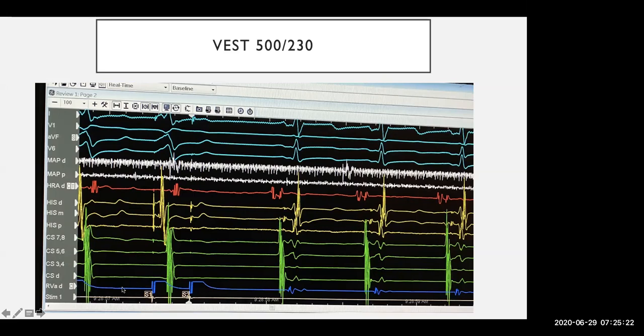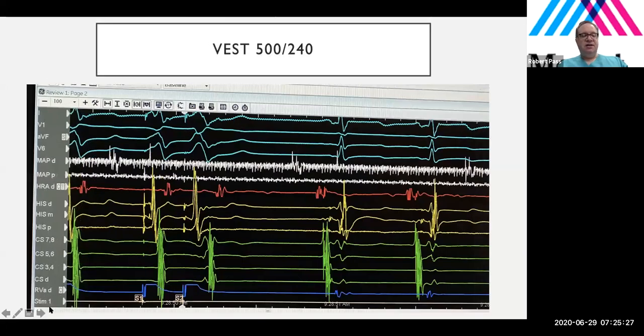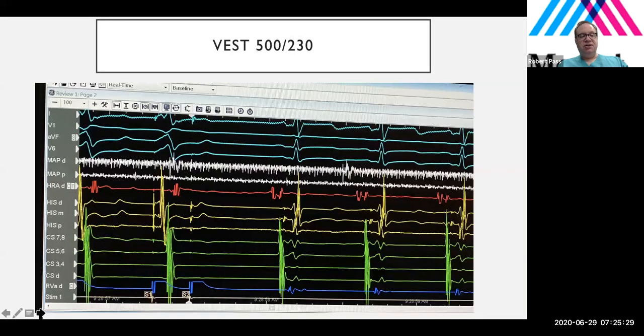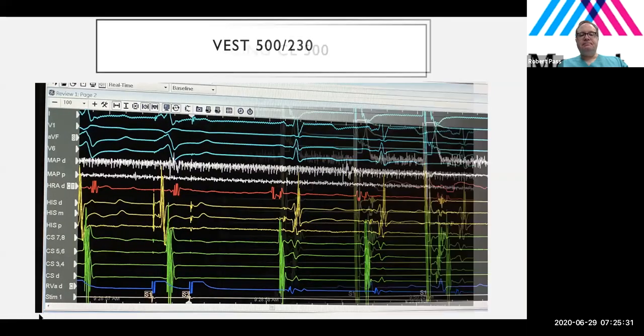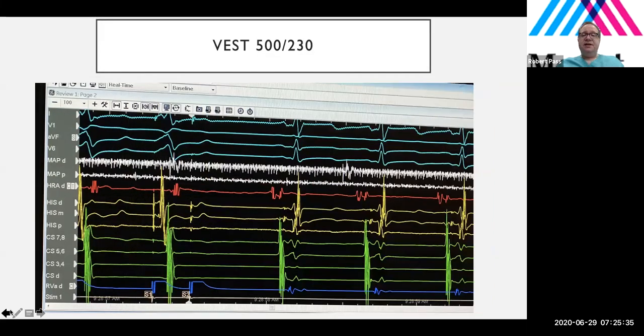So again, this pacing maneuver, which should have demonstrated nice eccentric retrograde conduction, does not. So now you have an accessory pathway. We know it's on the left side. So we know we have to go to the left side. So Dr. Love did a transeptal puncture.